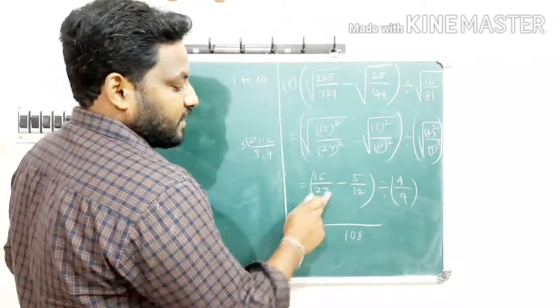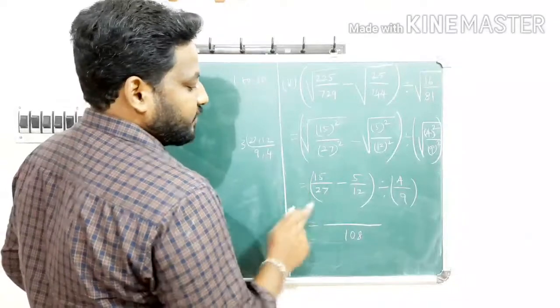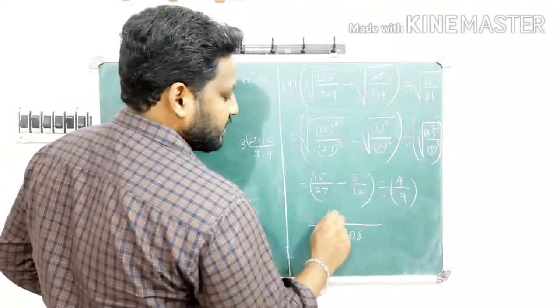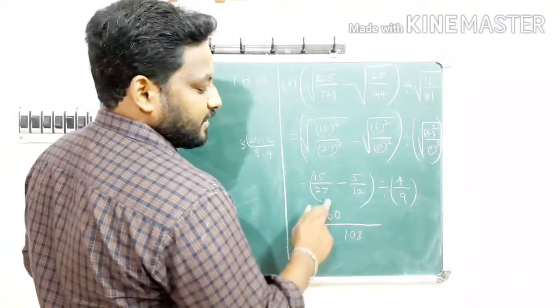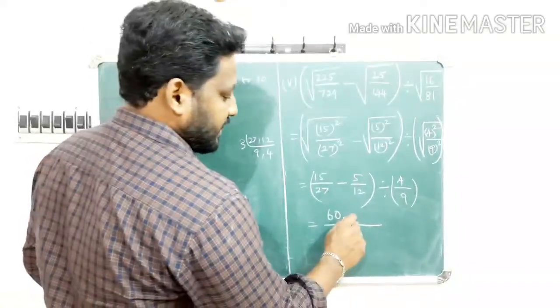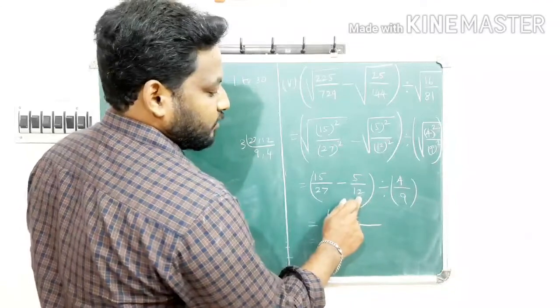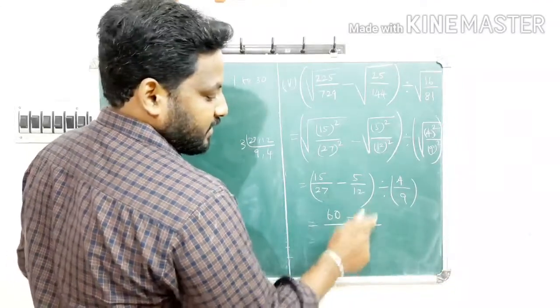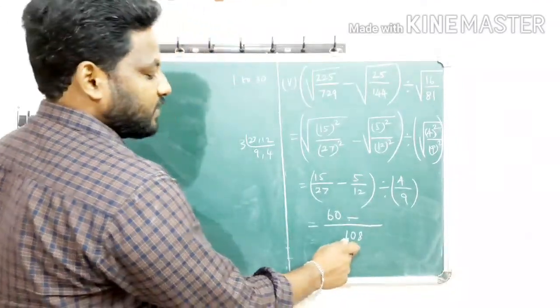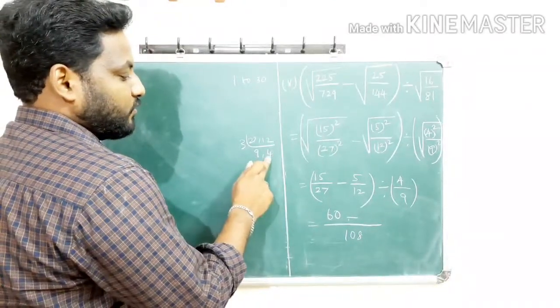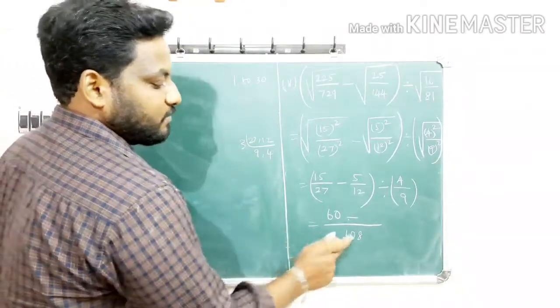So we have to multiply the first fraction by 4 by 4. So 15 4s are 60. And 27 4s are 108. Minus 5 by 12. So denominator is 12. What is the number we have to multiply with the denominator, if the answer is 108? 12 into 9 is equal to 108.